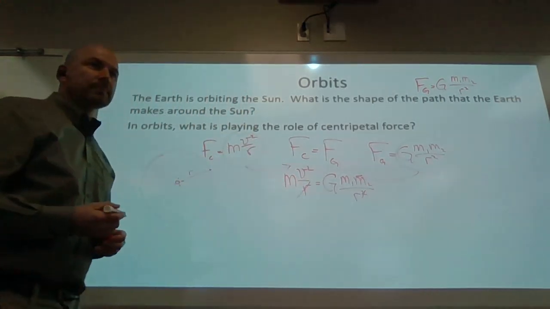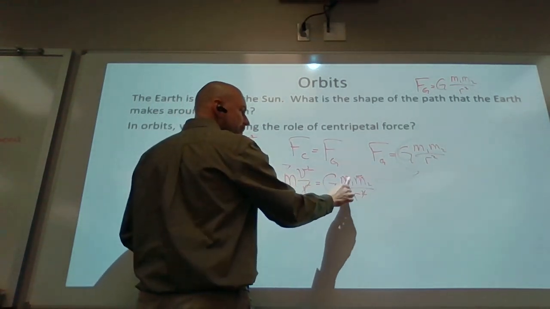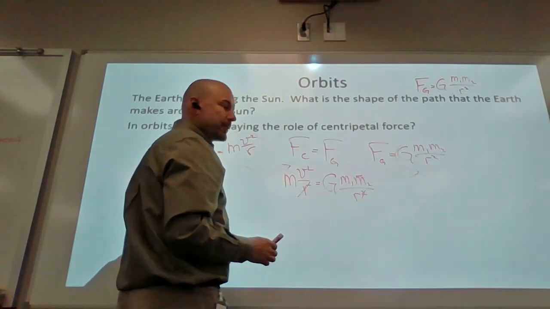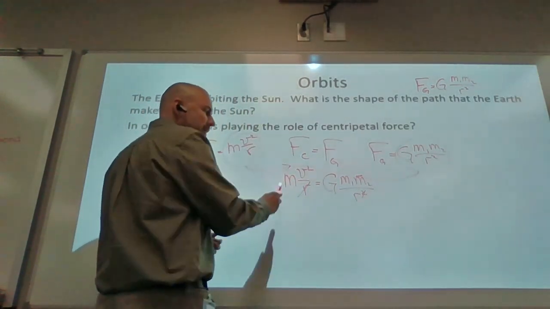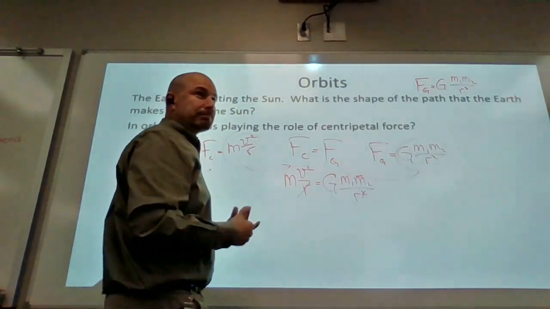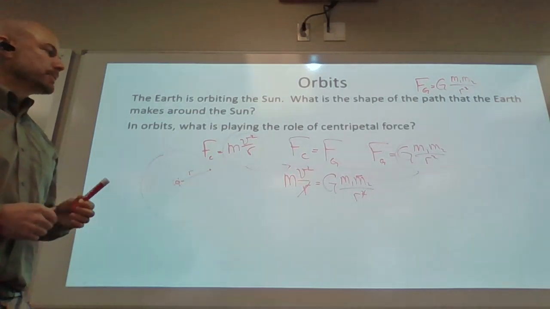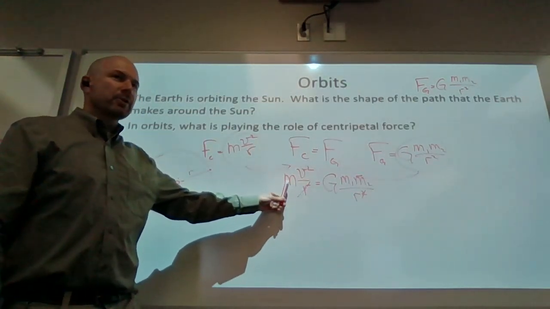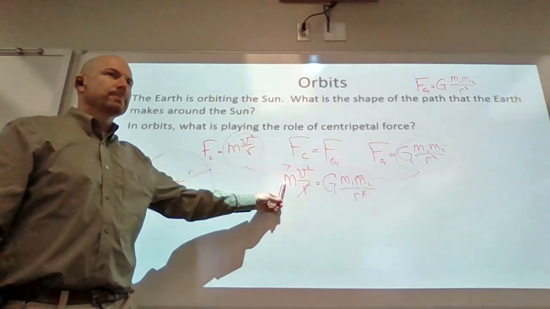Okay. Now, here we have the mass of the Earth and the mass of the Sun. Which one's which doesn't really matter, but the two objects. You got a mass on this side. Is this the mass of the Earth, the mass of the Sun, the mass of both of them? Which one is experiencing the centripetal force? The Earth or the Sun? The Earth.